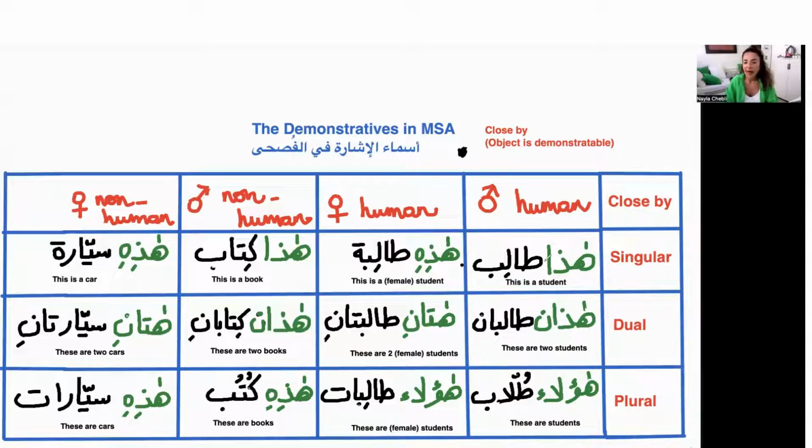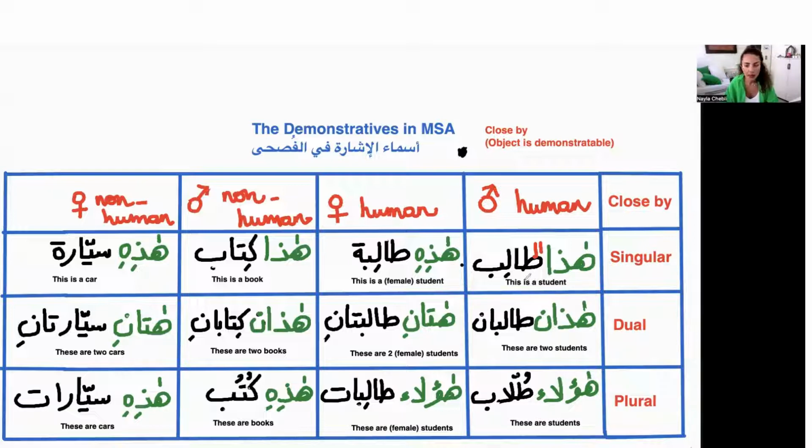Now, let's suppose all these words that I'm pointing at, my subjects and my objects, are definite, which means that they have an article here. So, هذا الطالب. The translation would change in this case.